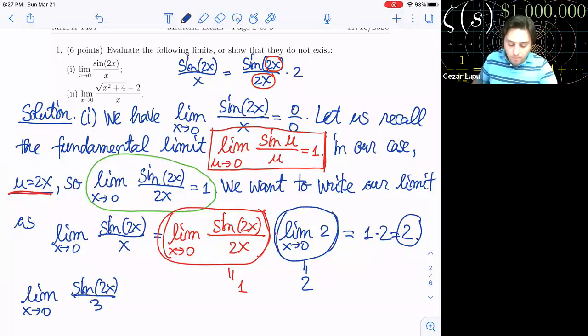All right, so no problem. You just plug it in directly. That's the first thing that you do: you plug in x to be 0 and see what kind of indeterminate form you have. But in this case, sine of 0 will be 0 over 3, which is 0. So there is no point of invoking any limit involving sine. You can do it directly.